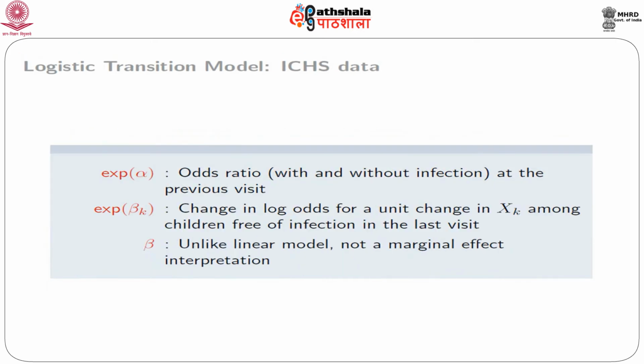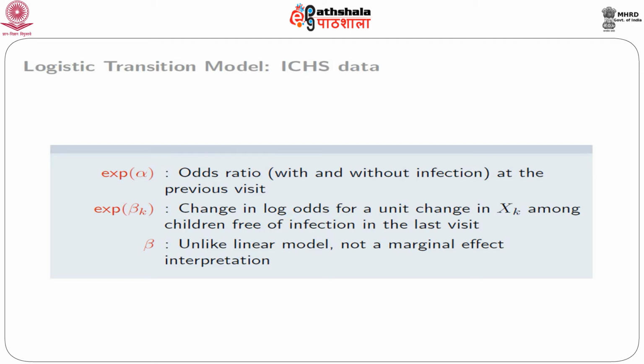If we fit the same model as discussed previously, the first order Markov chain, then exponential of alpha is the odds ratio of infection at the previous visit, and exponential of beta_k, if I assume that there are k covariates, is the change in odds for a unit change in x_k among children free of infection in the last visit.